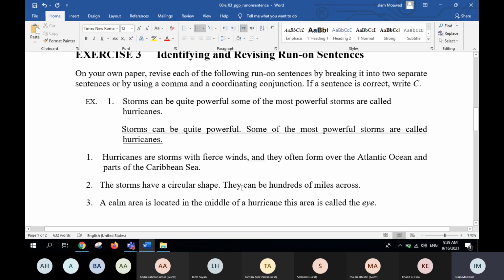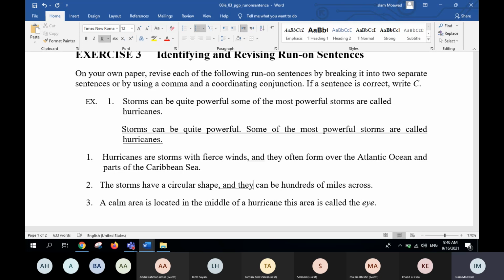So this is a choice. You can put a full stop and make the first letter capitalized. So we can do it in two ways, guys. Number one, full stop, change the first letter to a capital letter, and now we have two sentences. Or connect them using a conjunction.